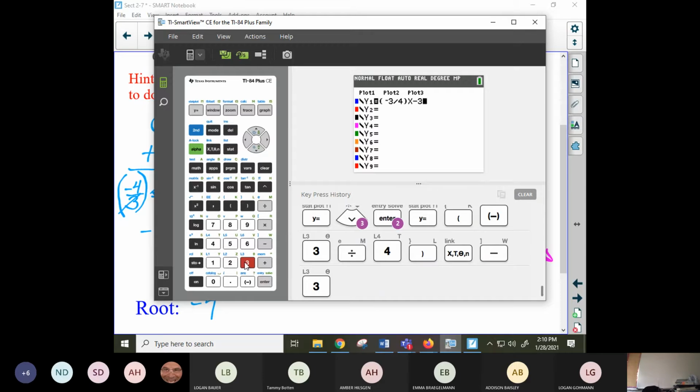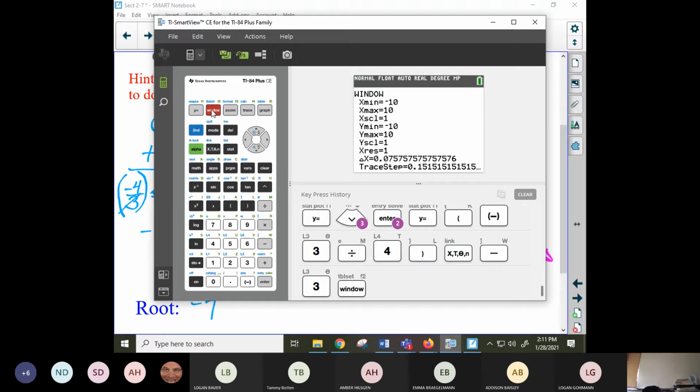Now, some of you may have screwed up your window. Do you guys remember when we graphed before and we changed these? The most normal or most common window that you'd ever have is -10 to 10. That means your x-axis is going to start over here at -10, be over here on the right at +10. And usually you count by 1, and that's what the Xscl scale means.